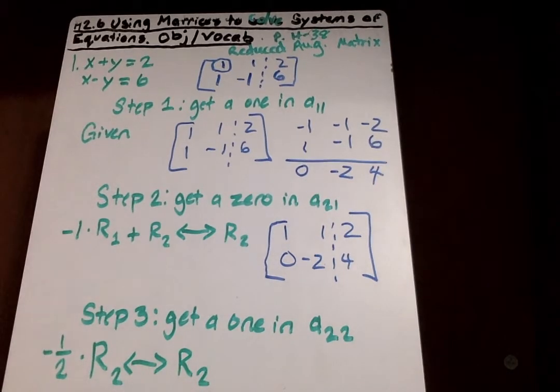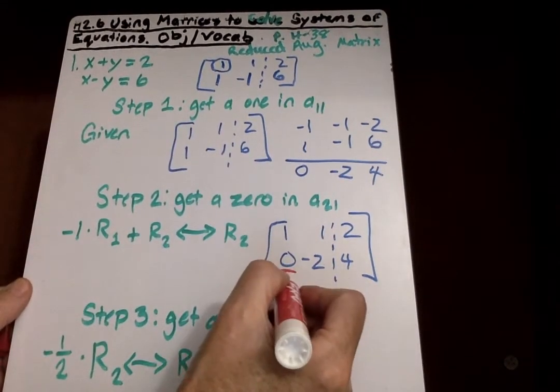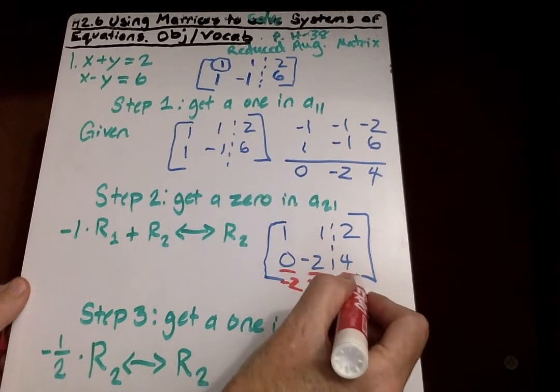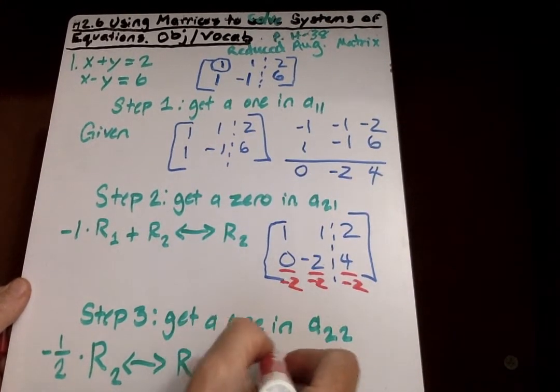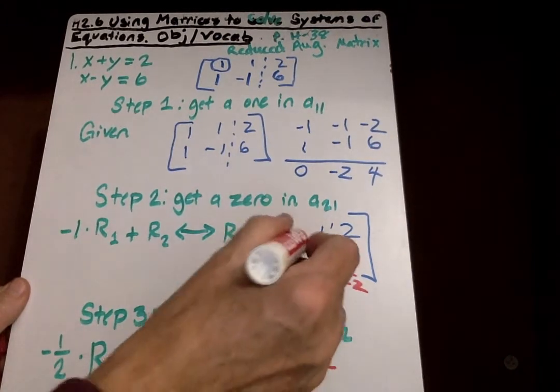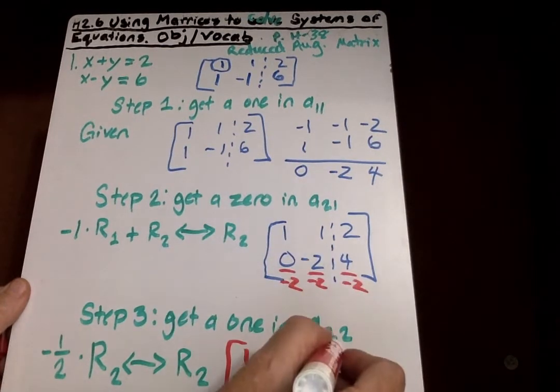So if I divide row 2 by -2, that will give me my new matrix here of 1, 1, 2, 0, 1, -2.